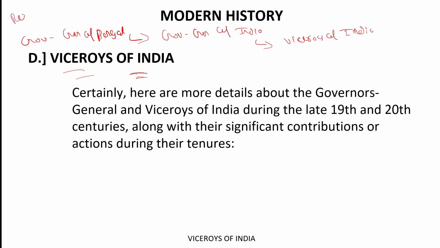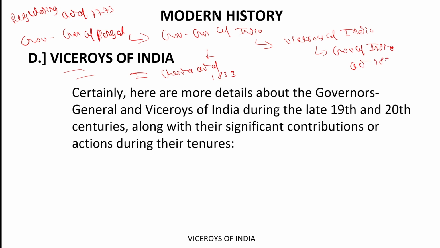The first was established by the Regulating Act of 1773. The second was established by the Charter Act of 1833. And the third was established by the Government of India Act 1858. So these are the acts responsible for the transition from Governor General of Bengal to Governor General of India, and from Governor General of India to Viceroy of India.